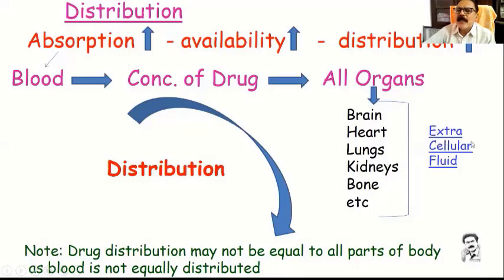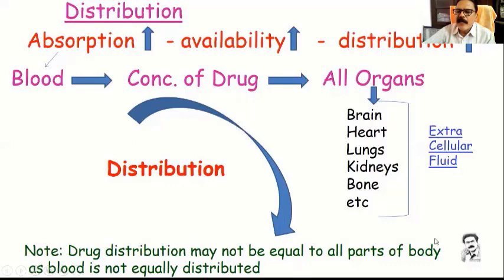All these parts are called extracellular fluids, and the drug will go to these extracellular fluids, give the blood drug to the parts, and the concentration in plasma will be reduced. So the distribution of the drug in the blood into different organ parts is considered as distribution.